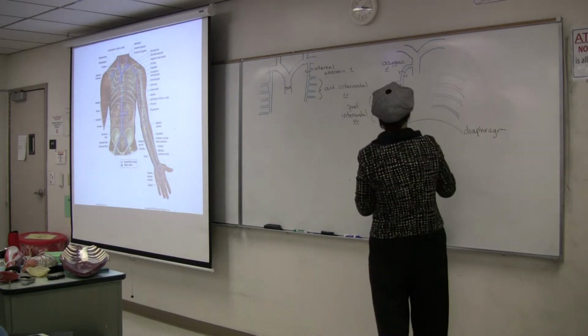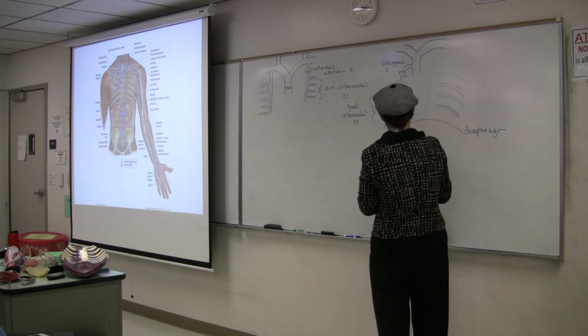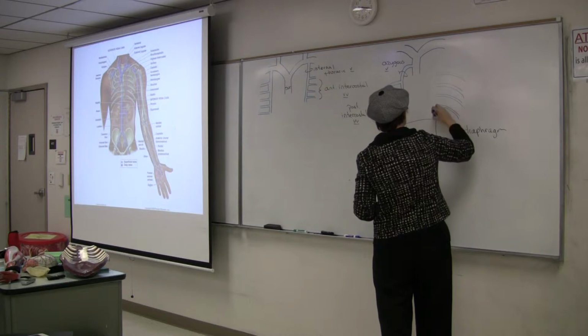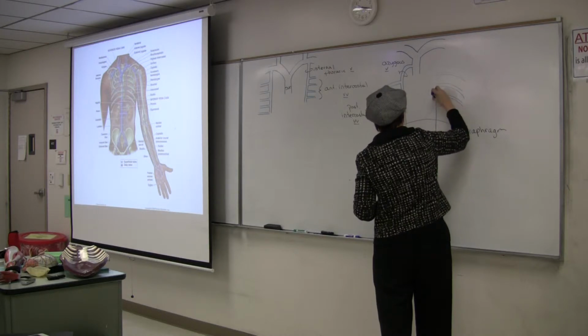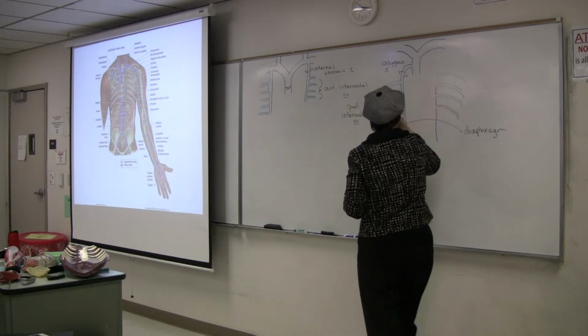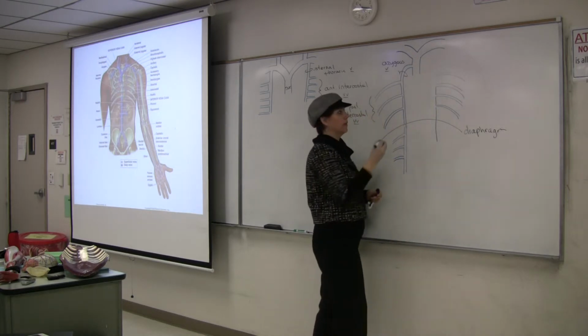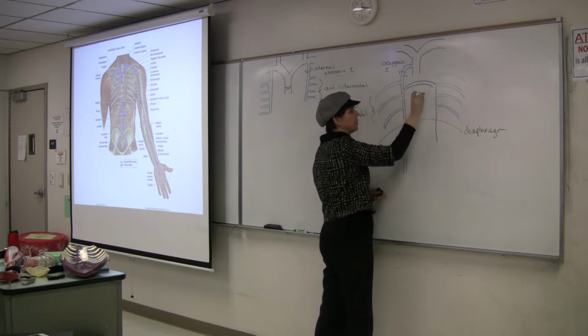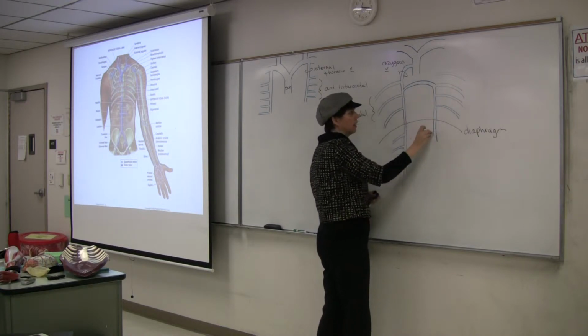Now on the left side, we have a similar vessel. And it doesn't go into the superior vena cava. It crosses over behind the heart and empties into the azygous.